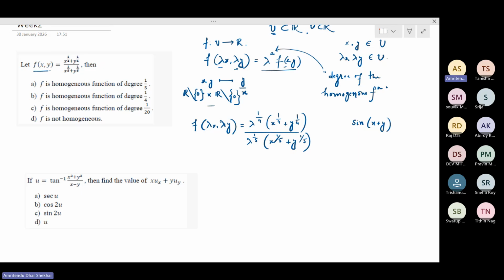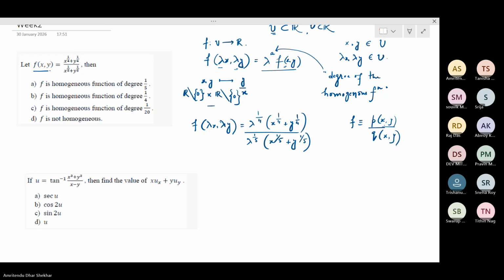Homogeneous functions typically take the form of P(x, y) by Q(x, y). I wrote x, I should be writing x comma y here. These P and Q are, generally speaking, homogeneous polynomials.